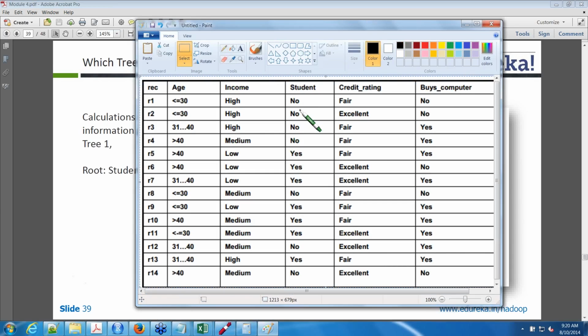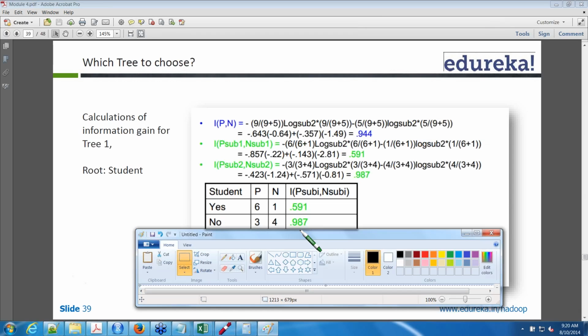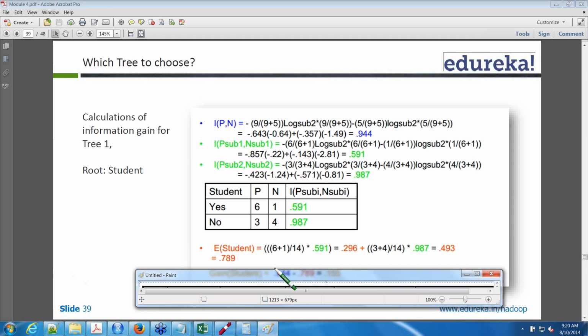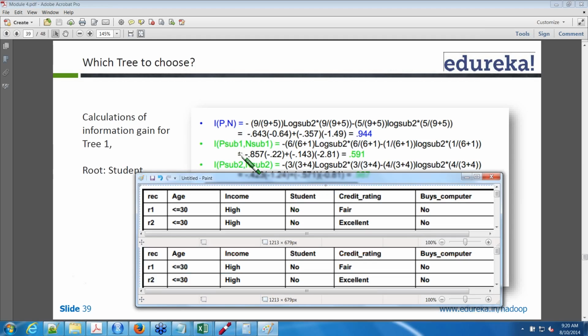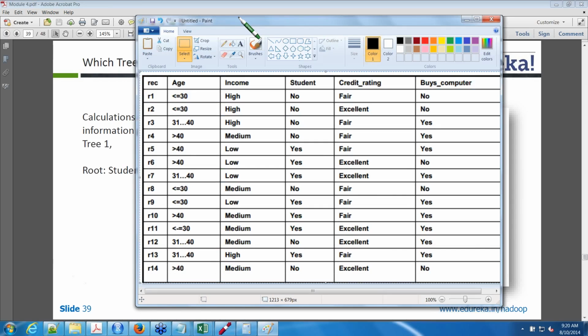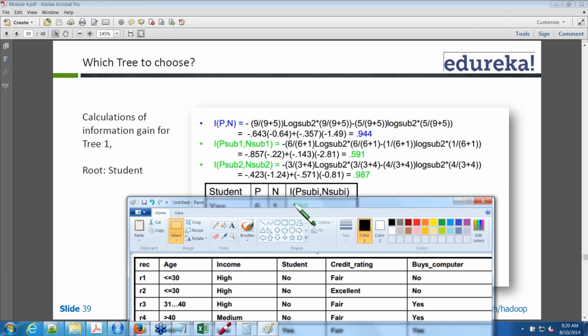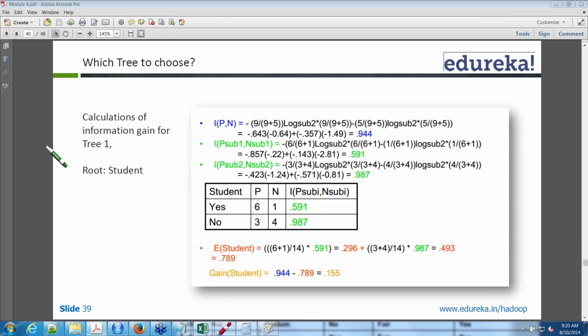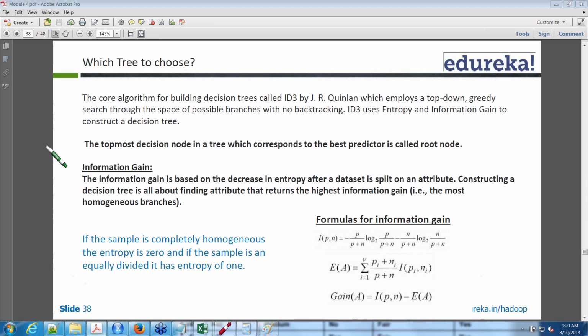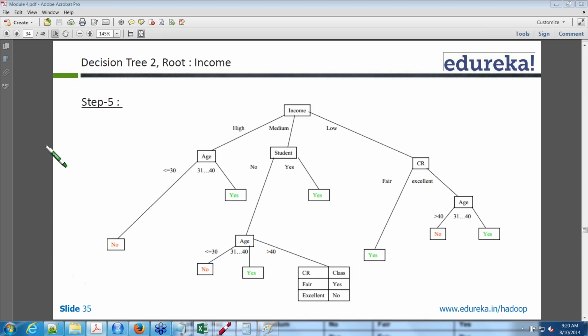1, 2, 3, 4, 5, 6, 7. Based on students, right? Take this.